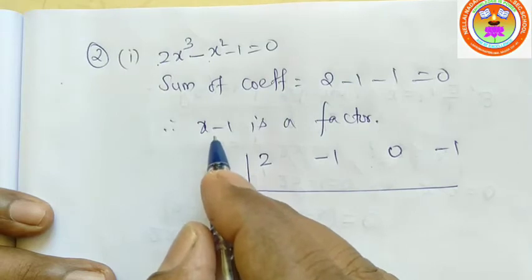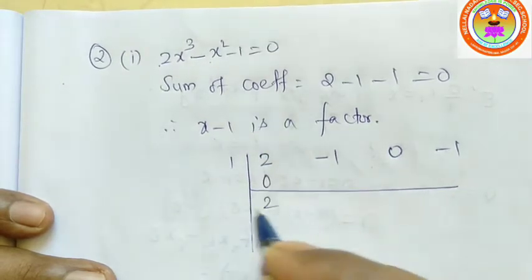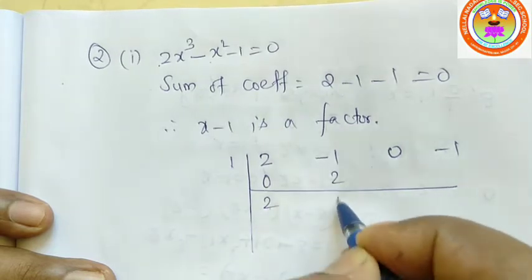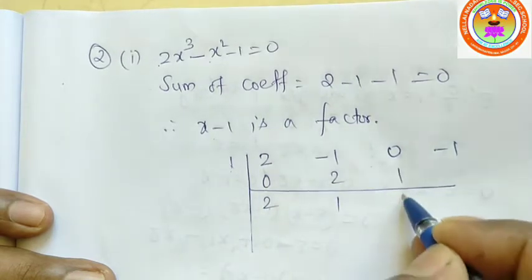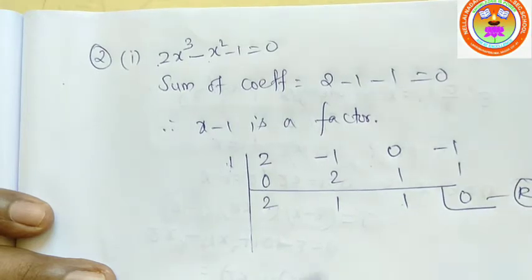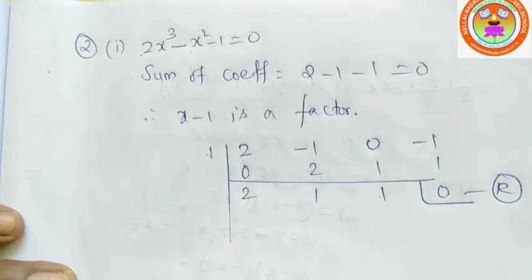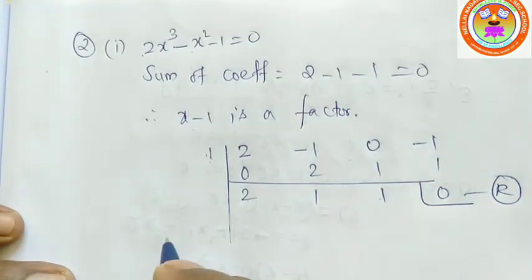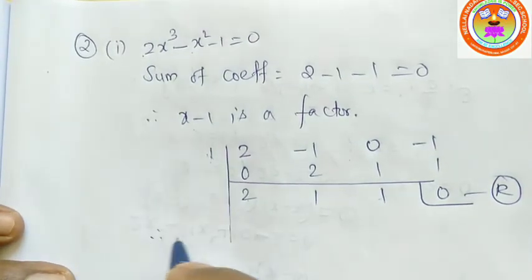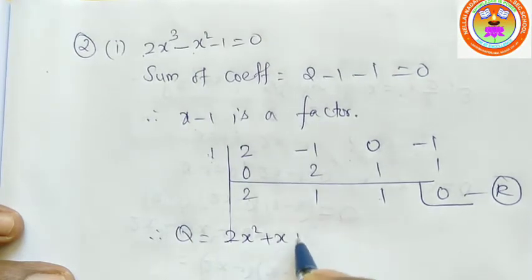Here the factor is minus 1, so we apply only plus 1. 2, 1, 1, 1, 1, 1, so the remainder is 0. Now what about the quotient? Therefore, the quotient is equal to 2x square plus x plus 1.